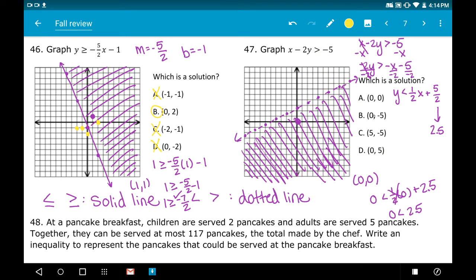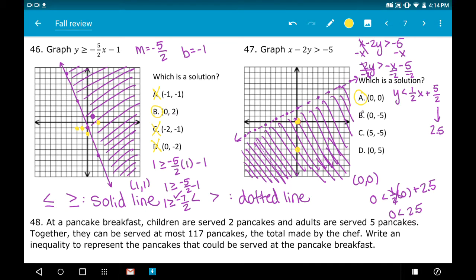Now let's test which one of these is a solution. So 0, 0, we just had that point. Is that one a solution? Yes, because it's in the shaded area. So A would be a solution. 0, negative 5. So 1, 2, 3, 4, 5.